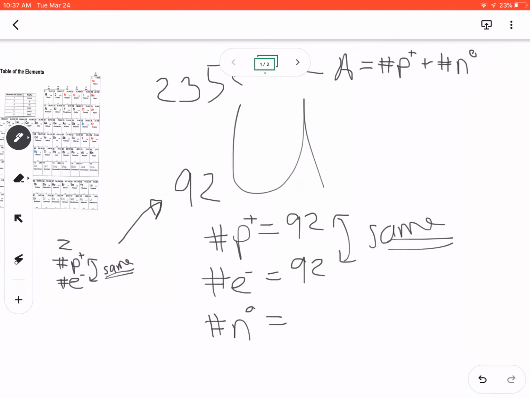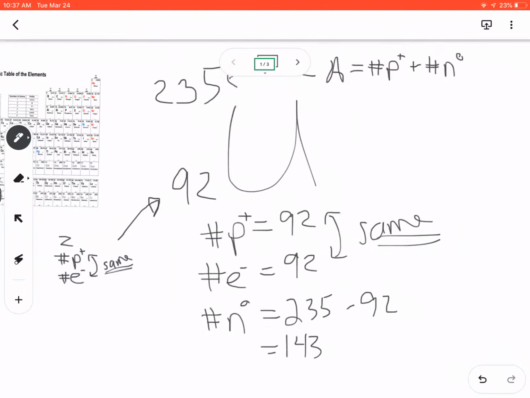As I said moments ago, it's the mass number minus the number of protons, the small number subtracted from the big number. So that's 235, the big number, minus 92, the little number. I have my calculator nearby. 235 minus 92 is 143. That is the number of neutrons.